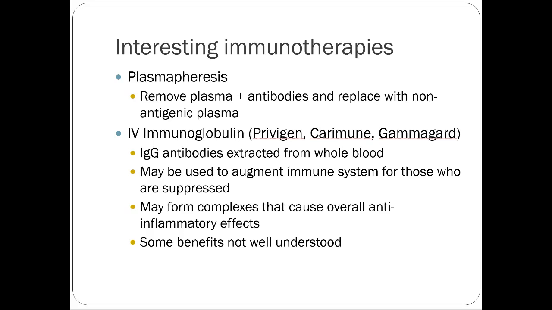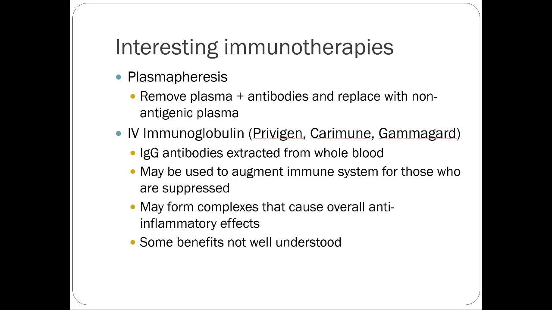IVIG is a blood product. They take plasma from people who donate it, extract the antibodies from these products, purify them down, and then a company resells it as a product. You'll see brand names like Privigen, Carimune, Gammagard.